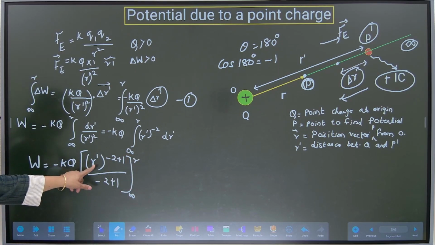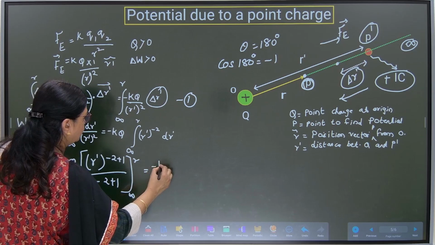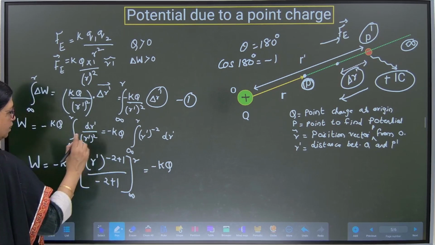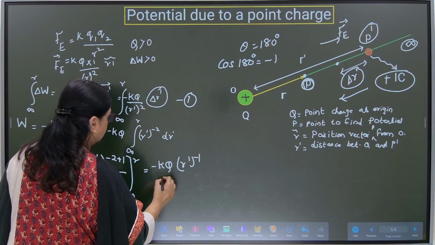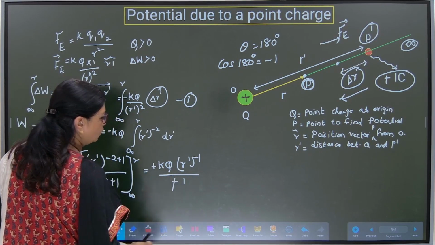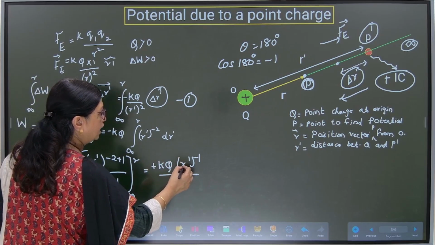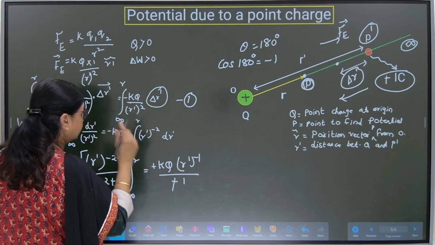So write the variable power plus 1 upon power plus 1. So we can write it as negative KQ, R dash raised to negative 1 upon negative 1. This negative and this negative become plus. I am only left with R dash raised to negative 1. Now, what is my limit?